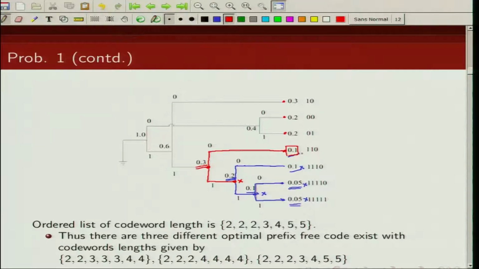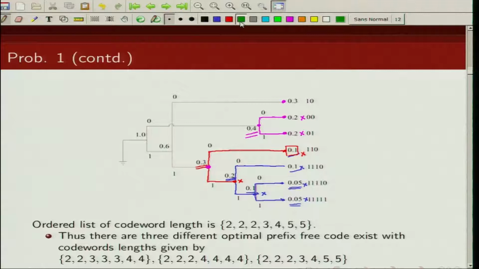I deactivate these 2 nodes. So at this point my active nodes are this one with probability 0.3, this leaf with probability 0.2, this one with probability 0.2 and this one with probability 0.3. So I combine these 2 together because these are the 2 least likely active nodes and create a new node which has probability 0.4. I deactivate these 2 nodes.